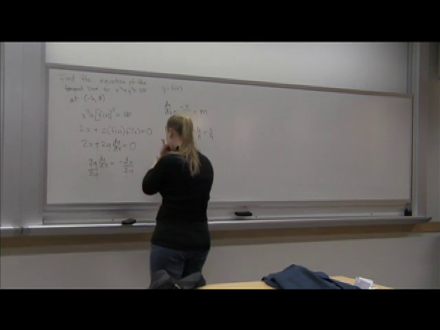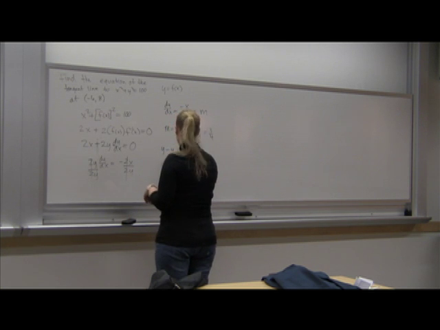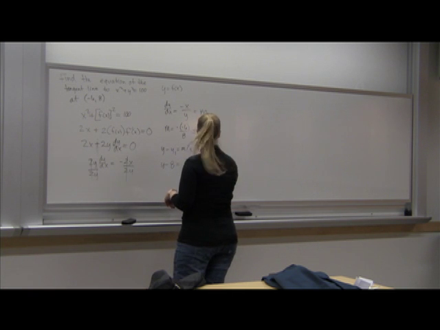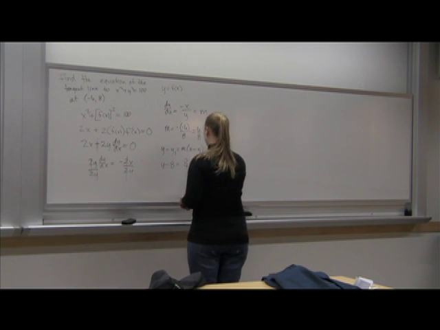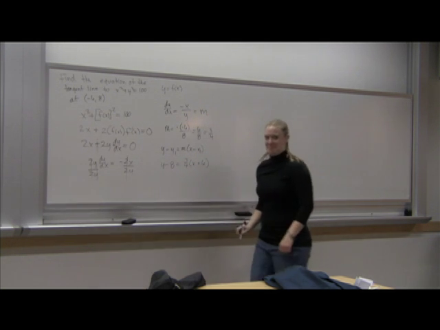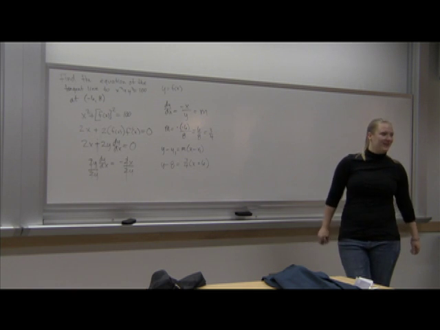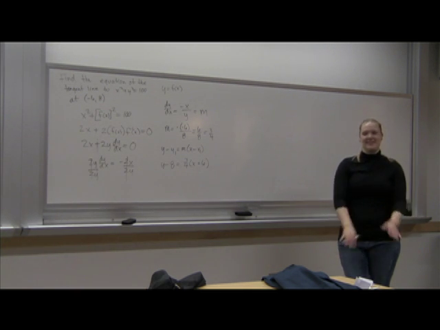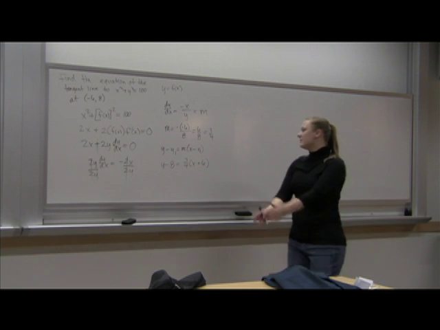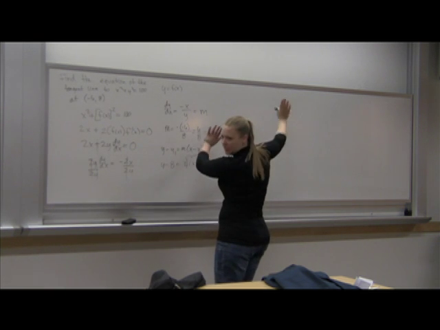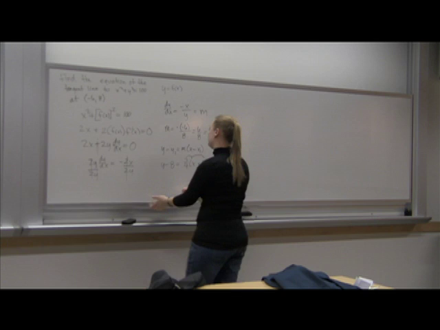Okay, so then we have y minus 8 equals 3 over 4 times x plus 6. Everything to the same side except for the y and so on.